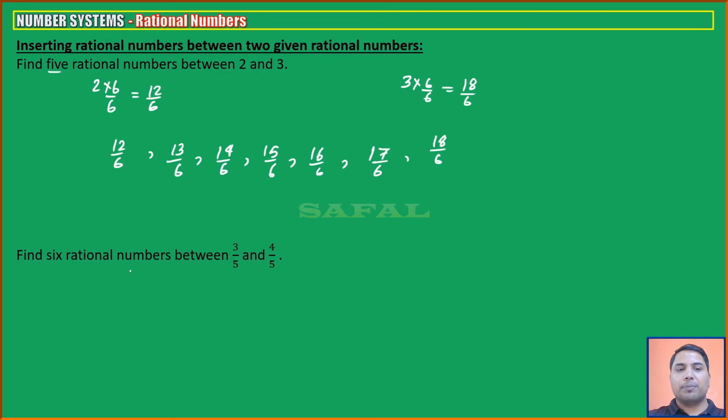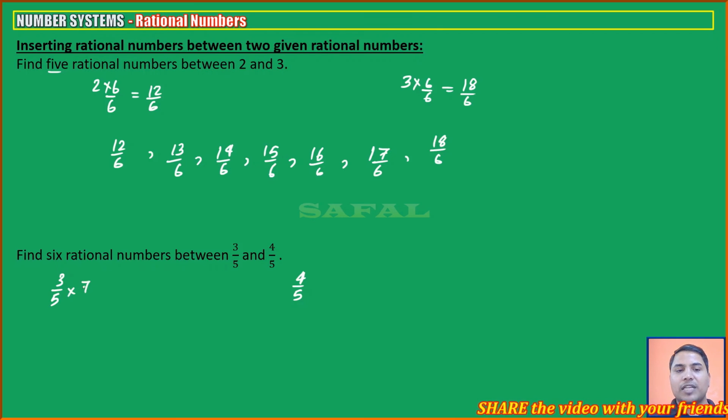Taking one more example, find 6 rational numbers between 3 by 5 and 4 by 5. Now 3 by 5 is the smallest and 4 by 5 is the largest. How many numbers do I want to insert? 6 rational numbers. Now 6 increased by 1 is 7.